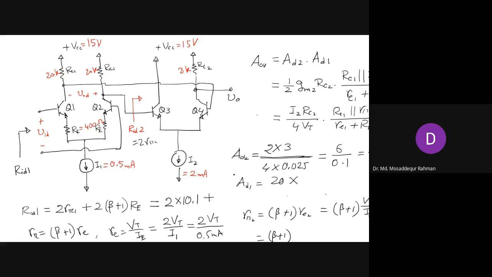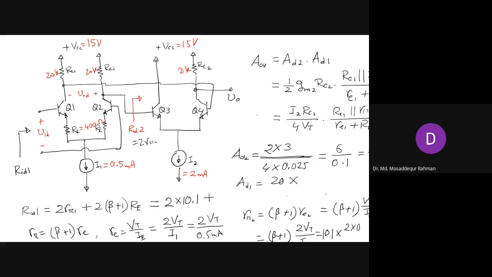IE is half of I2, so we get 2 Vt by I2. So that is our final expression, and here substituting the values, assuming beta to be 100, we get 2 times Vt, which is 0.25, right?